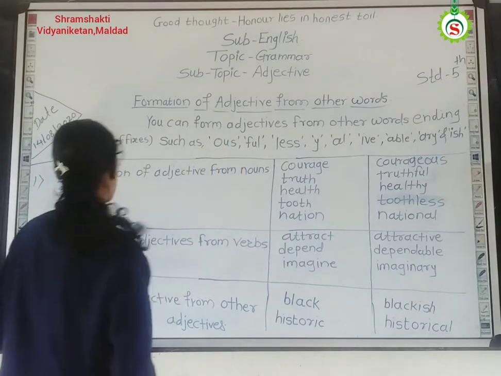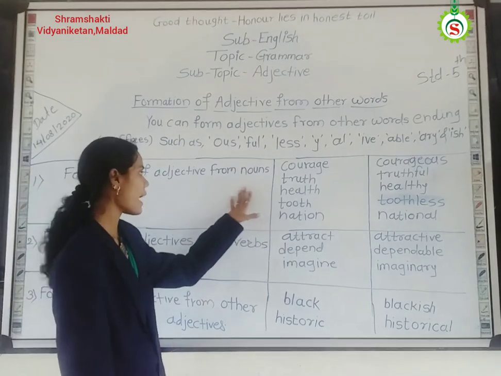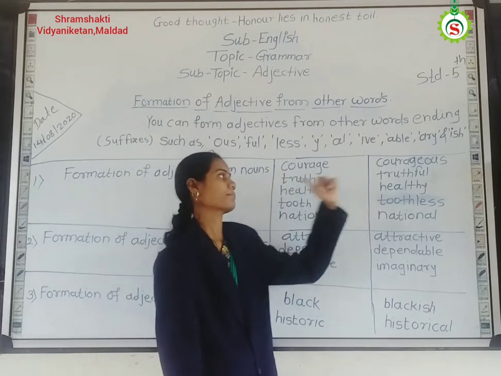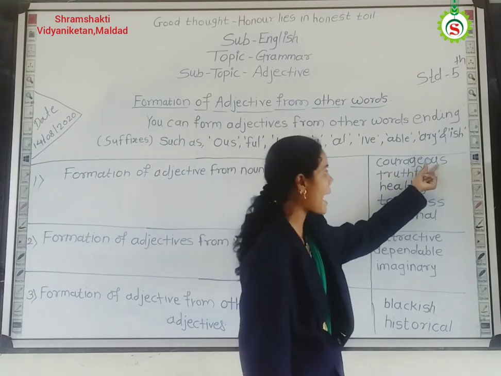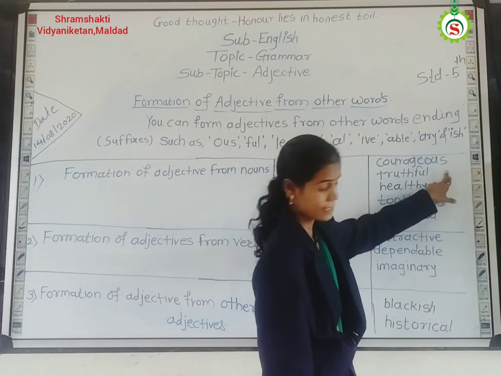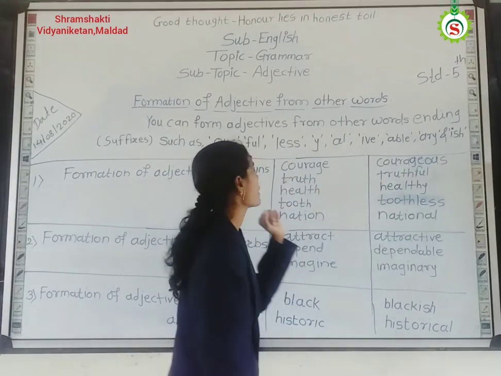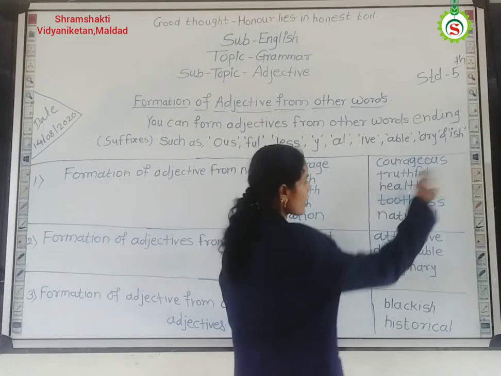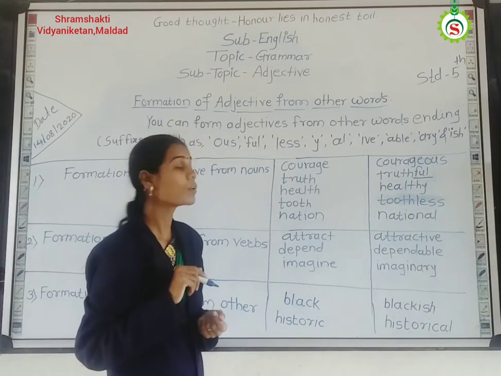See on the whiteboard. First is formation of adjectives from nouns. The first example is courage, courageous. In this word we add suffix OUS to courage, and the word made is courageous. Then truth, truthful. In this word we use suffix FUL, full.